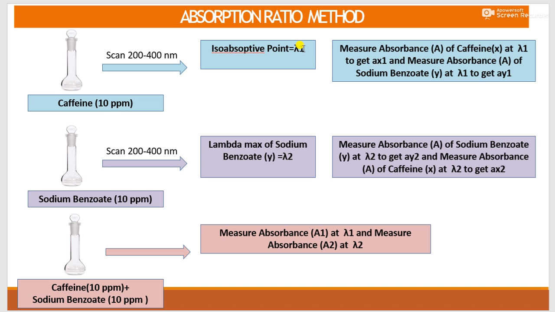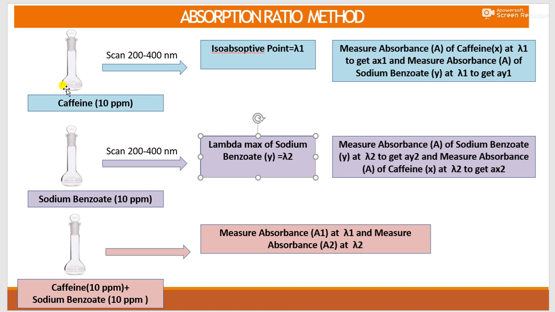So that value will be our lambda 1, and lambda 2 you can take as the lambda max of either of these components. Here we have taken lambda max of sodium benzoate as lambda 2, and caffeine we have denoted as X and sodium benzoate we have denoted as Y.